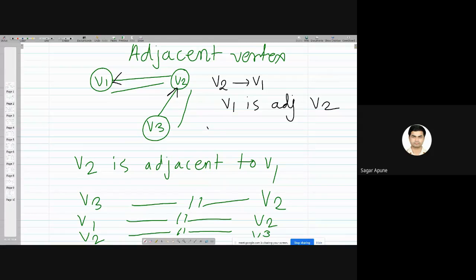Again V3 to V2 edge is there, so V2 is adjacent to V3. But we cannot say the opposite, because this is a directed graph. So this is the terminology of adjacent vertex.